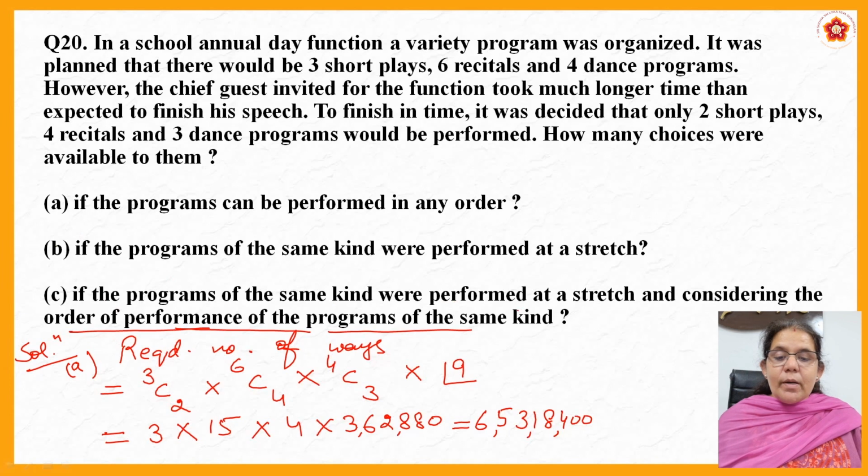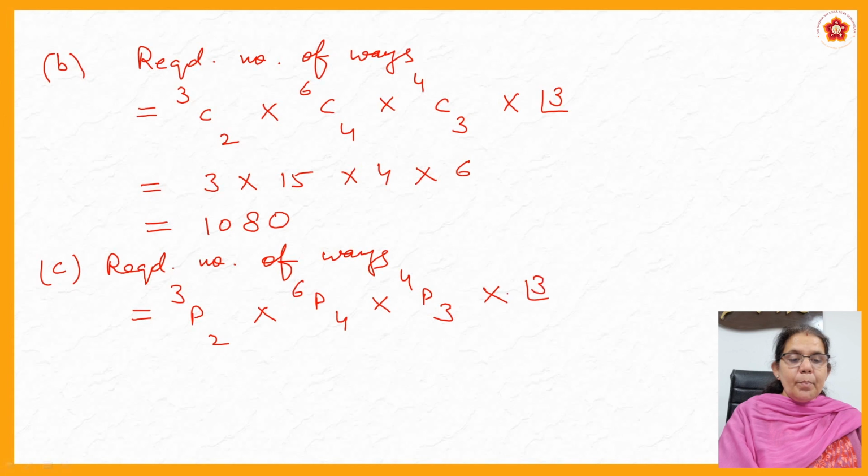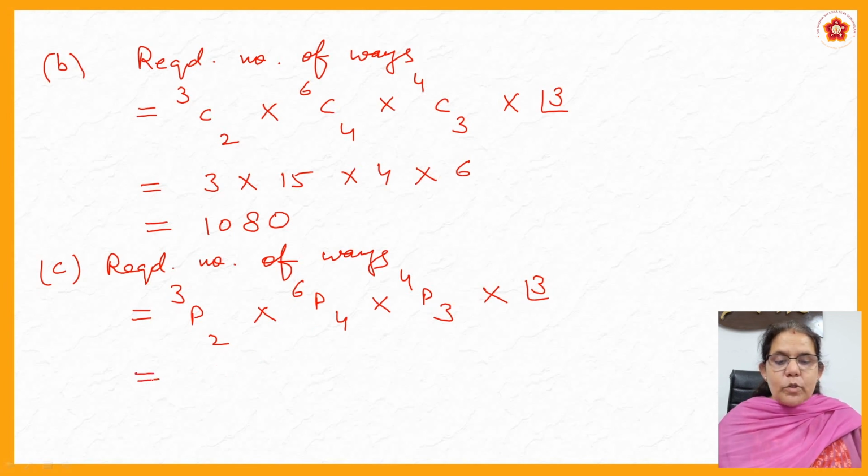So this becomes a question of permutation. It will be 3P2, 6P4, 4P3 and factorial 3 will also come because programs of same kind can be performed at a stretch. Now solve it and see what is your answer.